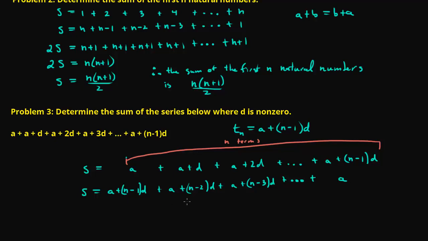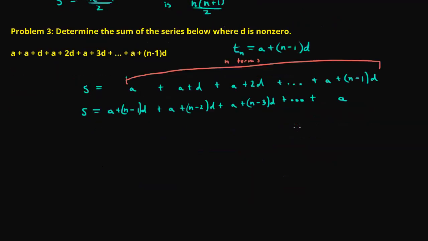We're going to go all the way down to a. Now if I add these two series together, I have that 2s is equal to, well, a plus a, which is 2a, and then if I add to 2a the quantity n minus 1 times d, I would just have 2a plus n minus 1 times d.